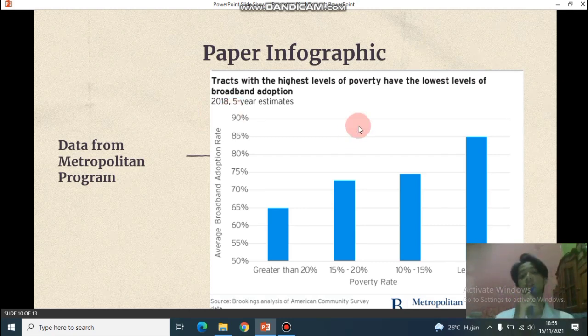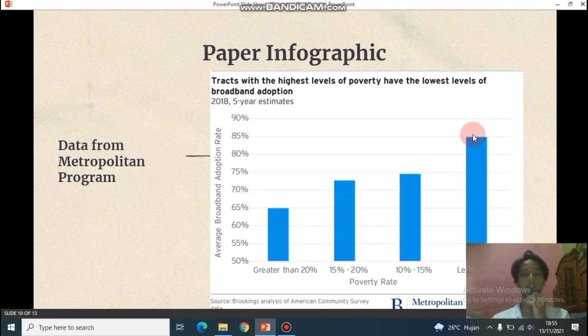So this is the data from the Metropolitan Program that states that this year we've arrived at the highest level of broadband adoption, where we know that especially since the pandemic, online learning has become a trend in our nation, in Indonesia. This data is from the West, and I think it is relevant to Indonesia.